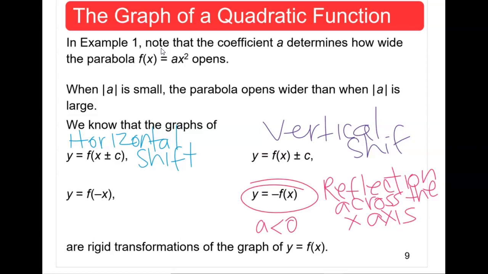And for the other one, this is a little interesting because the negative is placed inside the parentheses. So by definition, this represents a reflection across the y-axis.